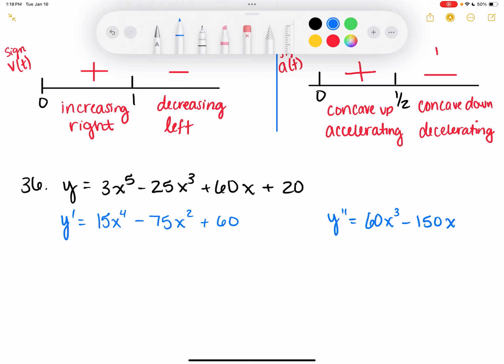Critical points. Thank you. Critical points.